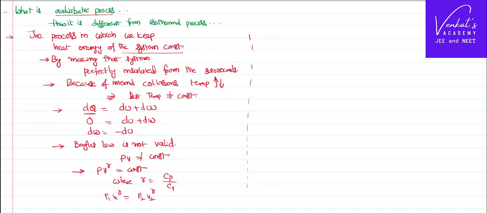Well, let us now compare this adiabatic process with an isothermal process. I will just talk only in terms of comparison. What is isothermal process? The process in which we keep the temperature of the system constant.